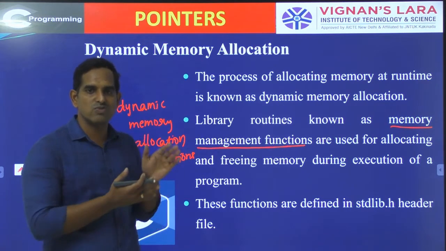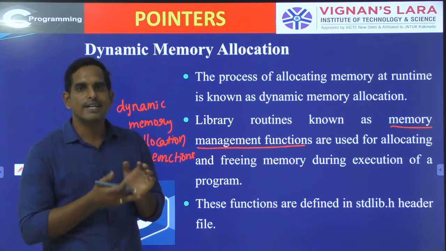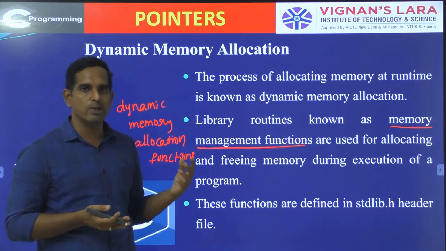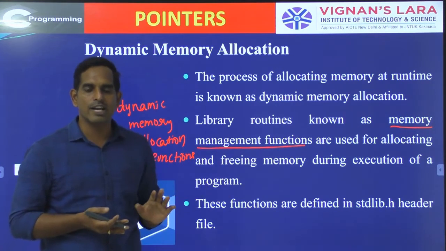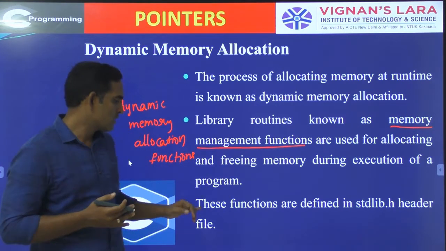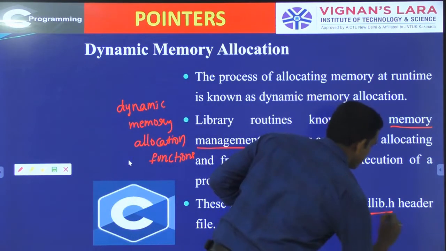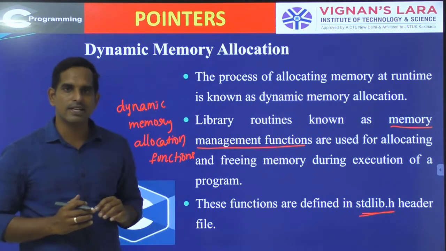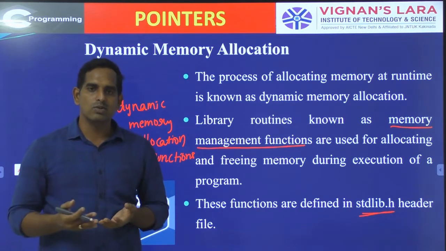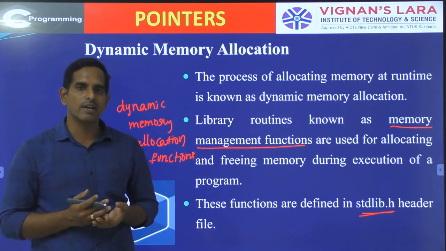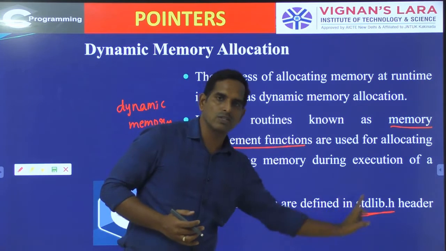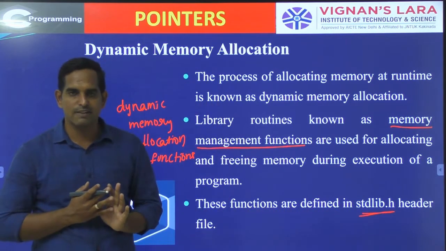C provides a set of dynamic memory functions which can be used to allocate and deallocate memory from your heap. These functions are present in the standard library header file, stdlib.h, so when using any dynamic memory allocation function, you have to include this header file.